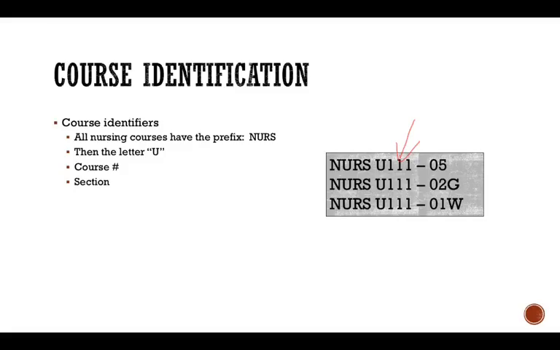Some courses will have a letter after the number, and that might indicate if it's a practicum course. Practicum courses may be taught in the lab or in the hospital or in a nursing home facility. Regardless of where they're taught, in practicum courses, nursing students practice their clinical skills as well as critical thinking.